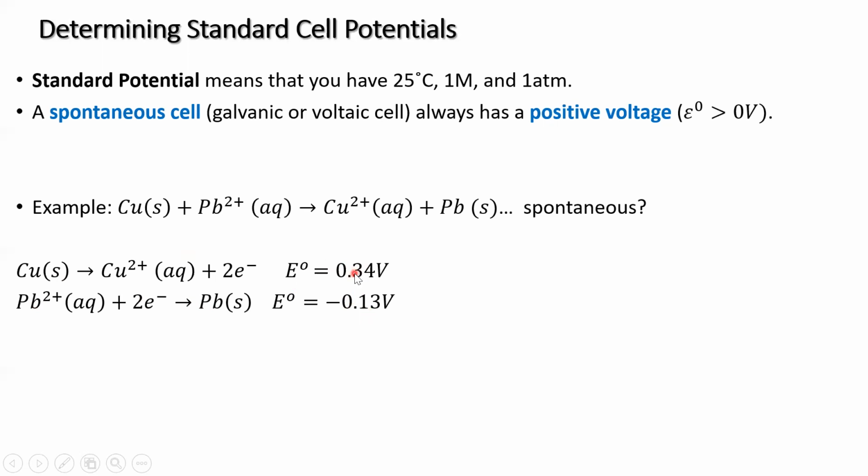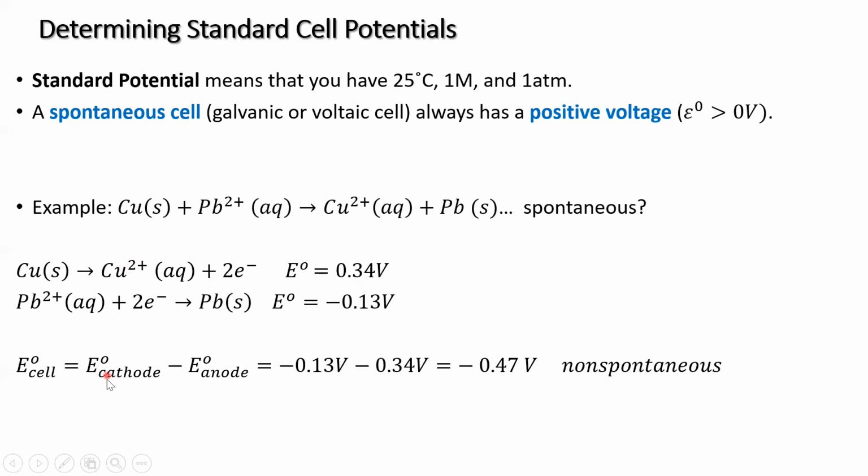It's the reduction potential value for copper ions going to copper atoms. And the negative 0.13 is the lead ions going to lead atoms. All right, to calculate the voltage across this cell, we would take the reduction potential at the cathode and subtract the reduction potential at the anode.